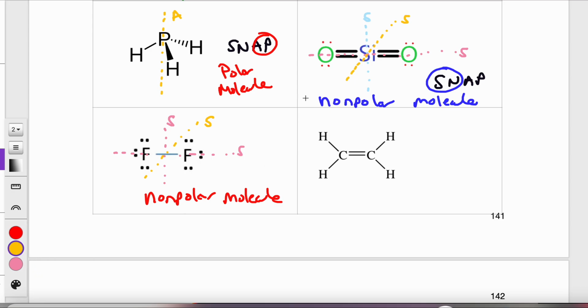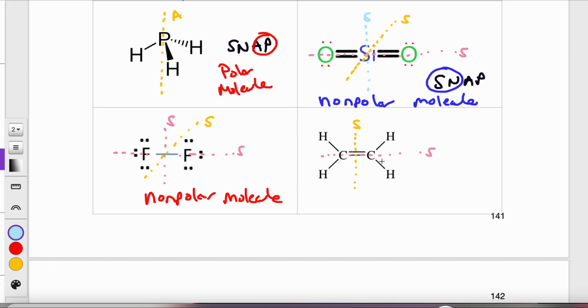Last example. If I cut this molecule down the center, so that would be through that double bond, what I see on the left seems to mirror the right, so it's symmetrical. When I cut this through the x-axis, what I see above the plane seems to match below the plane, so it's symmetrical.